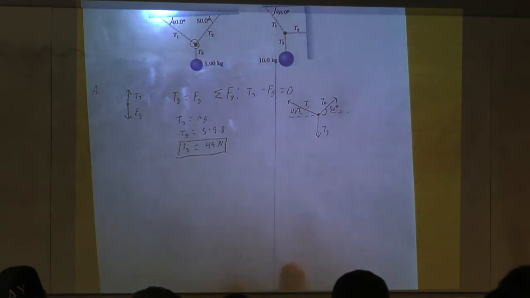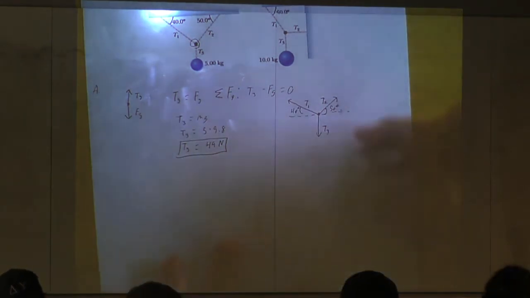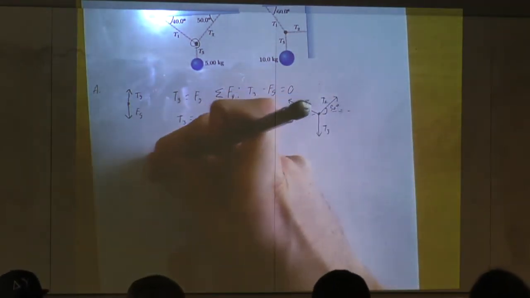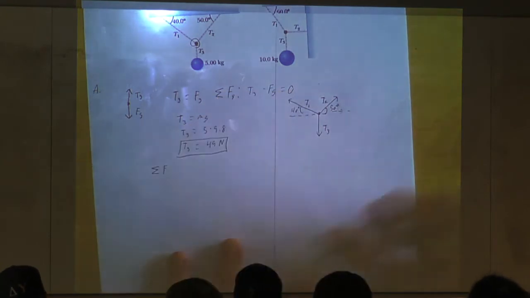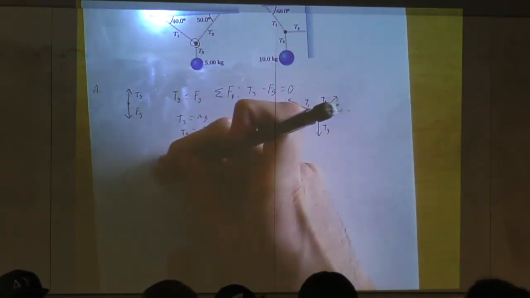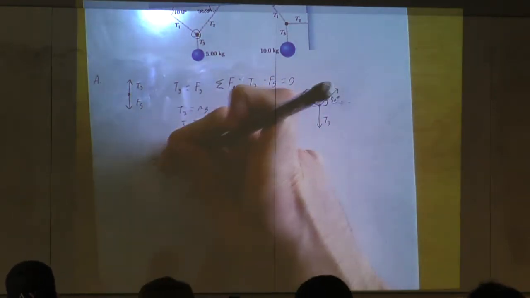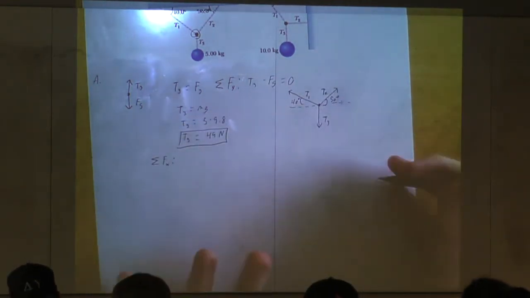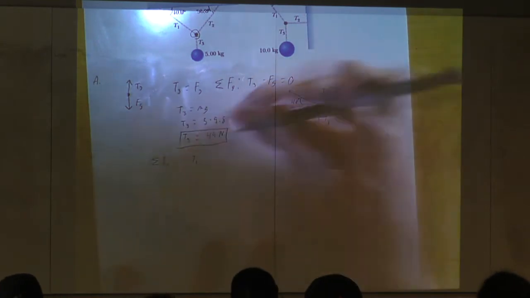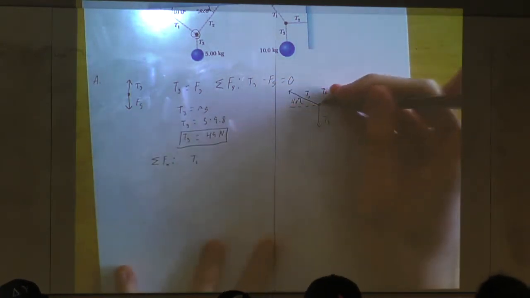So now if we write our equations at this point, I'll start with our x. So for our sum of forces in x, we have the x component of T1 pulling to the left.